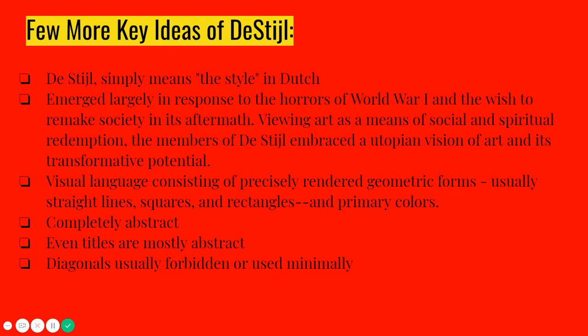Very rarely would you see diagonals being utilized unless necessary. We already talked about really only primary colors and black and white, that are going to remain completely abstract. And not only was the art abstract, but even the titles were abstract.